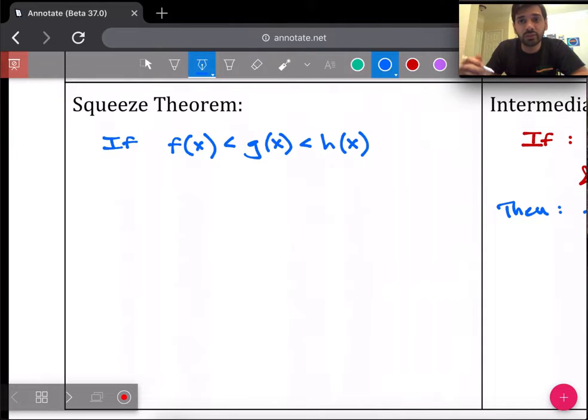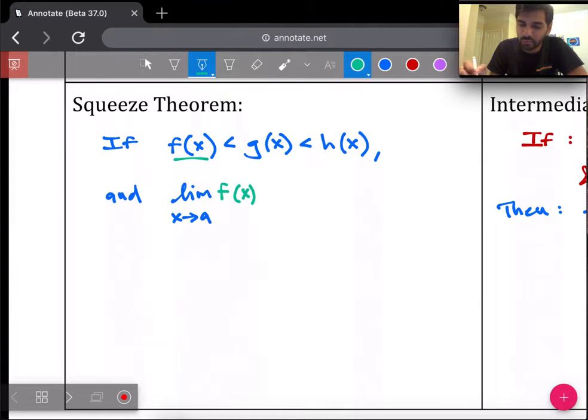Now what the squeeze theorem says is that, I'll say and, you know that the limit as x approaches some number for f of x is equal to the limit for h of x, because what the squeeze theorem is saying is you have these three functions in a sequential order, meaning f of x is less than g of x is less than h of x. So one is on top of the other is on top of the other.